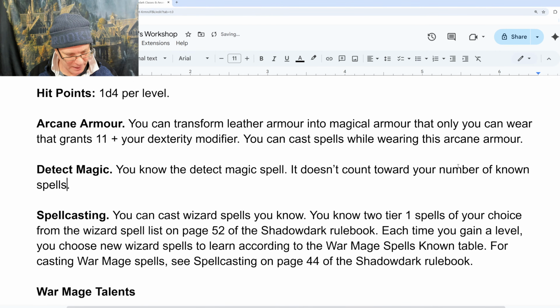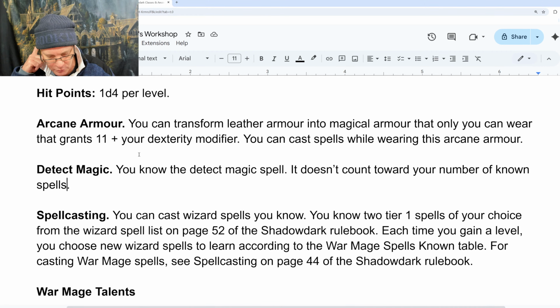There we go. And that might well be the easiest way to build a War Mage, because there is a feature in the subclass for the War Mage, if you have a look at the War Mage in 5e, and there are a couple of things that they have. They have arcane deflection, so we've kind of built this arcane armor to replicate that.